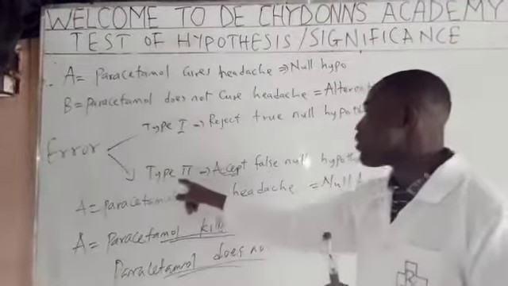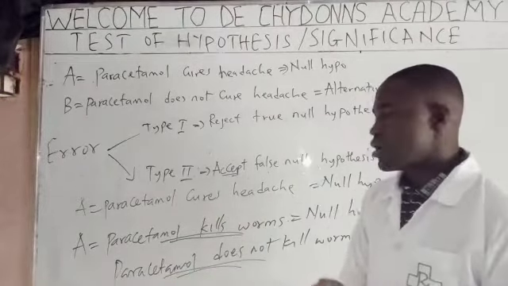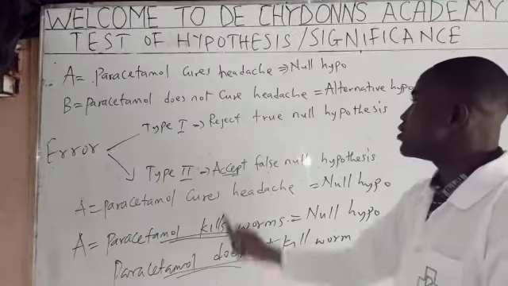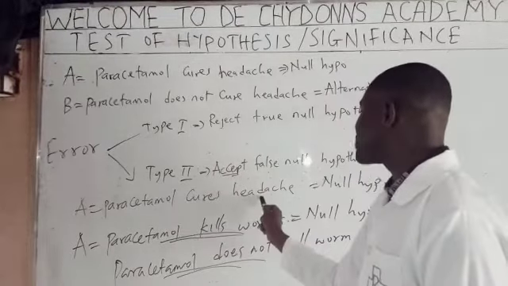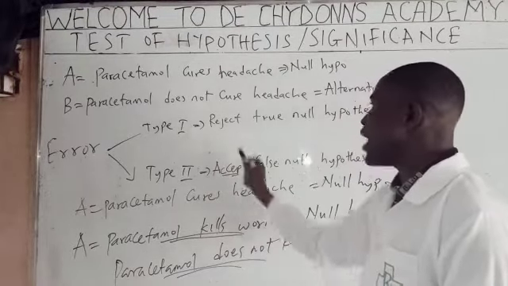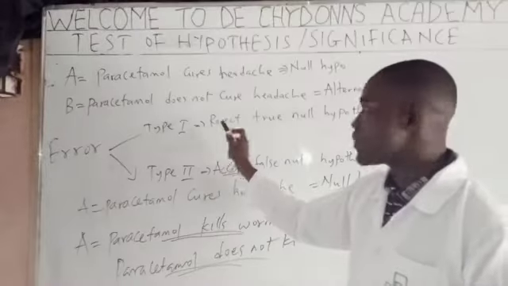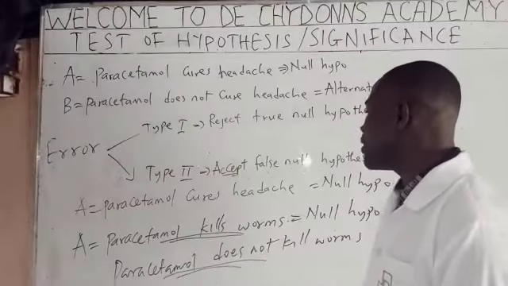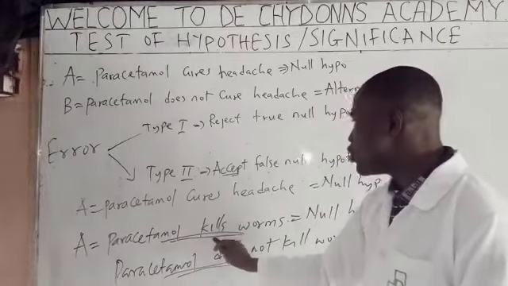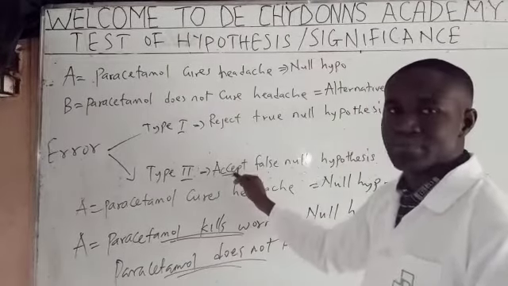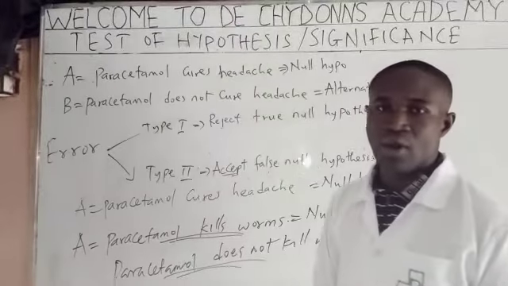It means that you have committed type 2 error. So, in a nutshell, type 1 error means that the null hypothesis is true, and you went ahead to reject it. While type 2 error simply means that the null hypothesis is obviously false, but you went ahead to accept it. That is type 2 error.